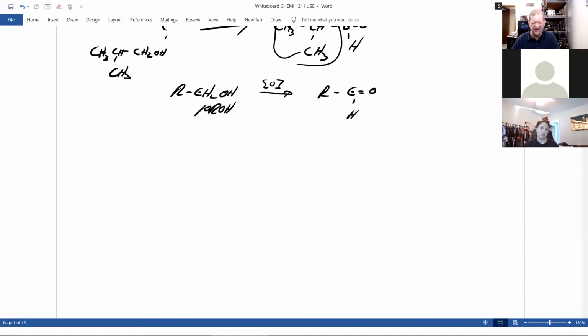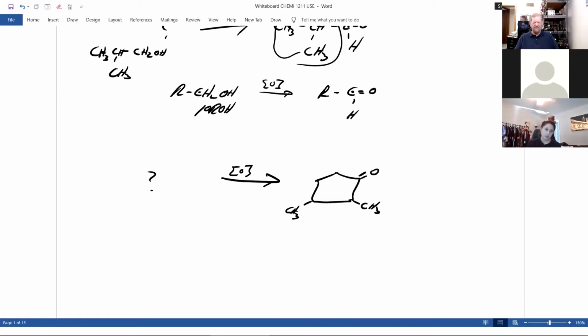Oh, let's do this again. I'm having fun. Remember, Dr. White loves aldehydes and ketones, which we're making. What would you oxidize to make that molecule?